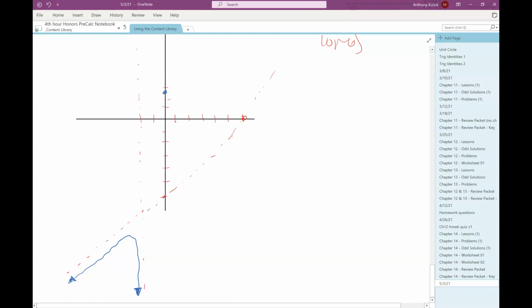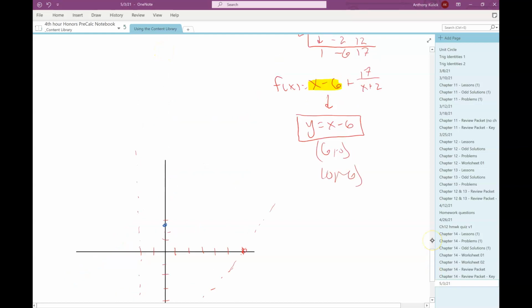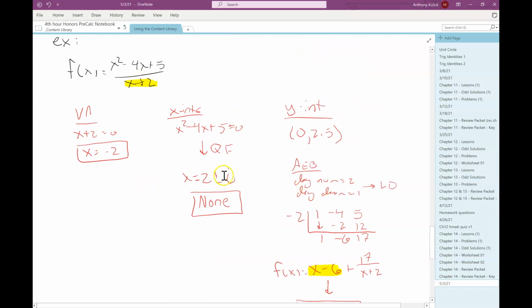Why is this not? I want to move my stupid thing. Let me look at this again real quick.